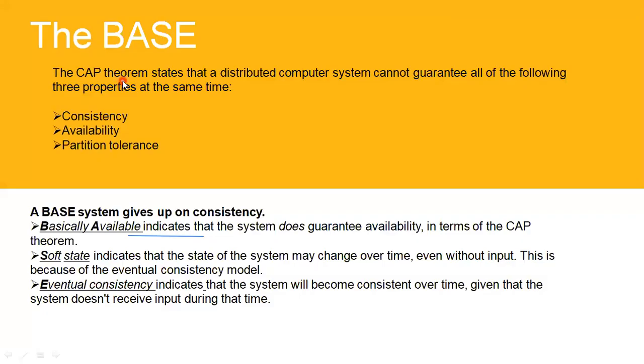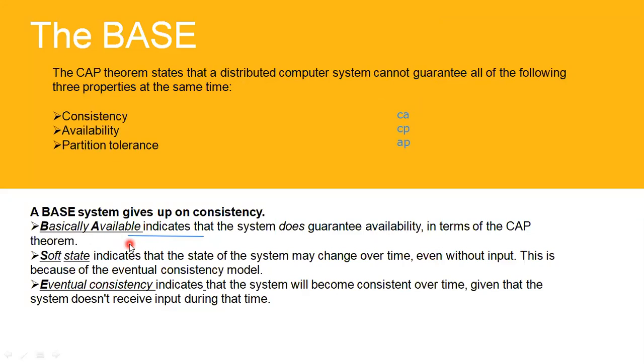So here we have the BASE, which says the CAP theorem states that a distributed system cannot guarantee all of the following. So it says we have either CA, CP, or AP. We can have any of these three. So in this case, BASE states that basically available indicates that the system doesn't guarantee availability in terms of CAP theorem.